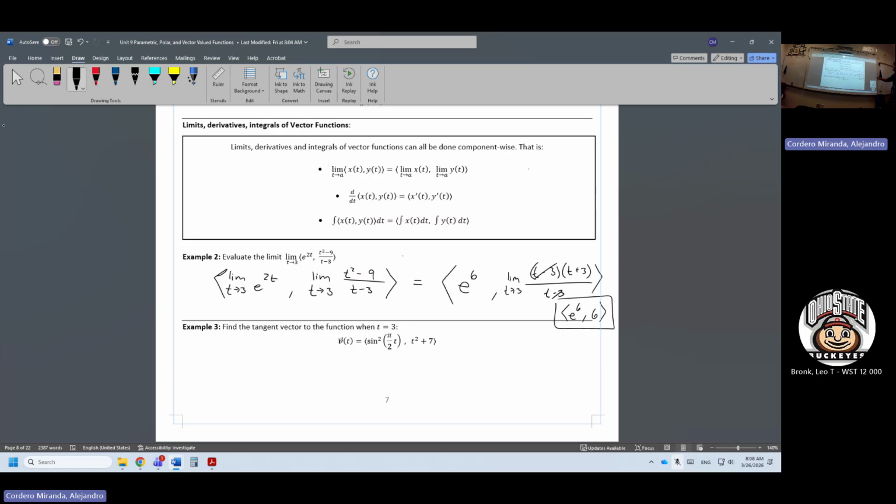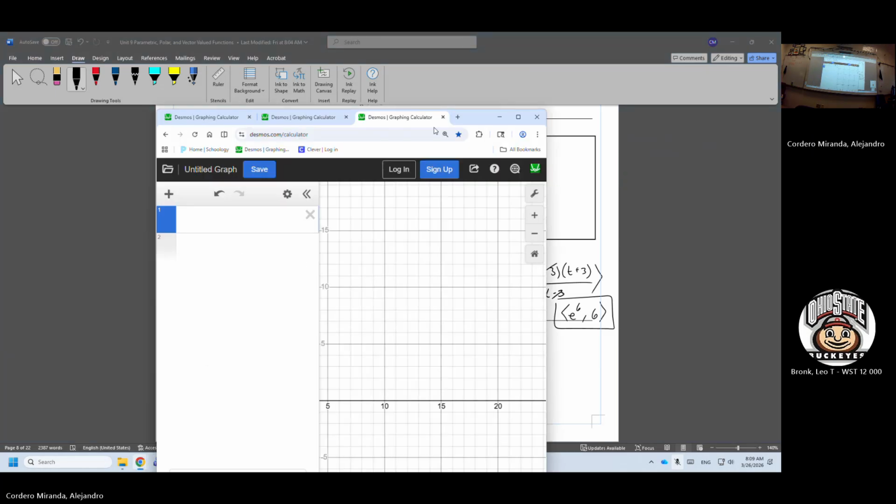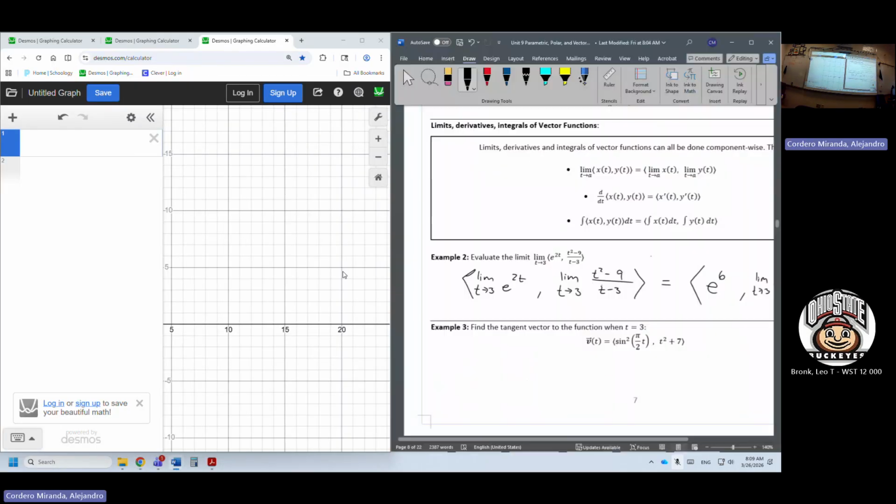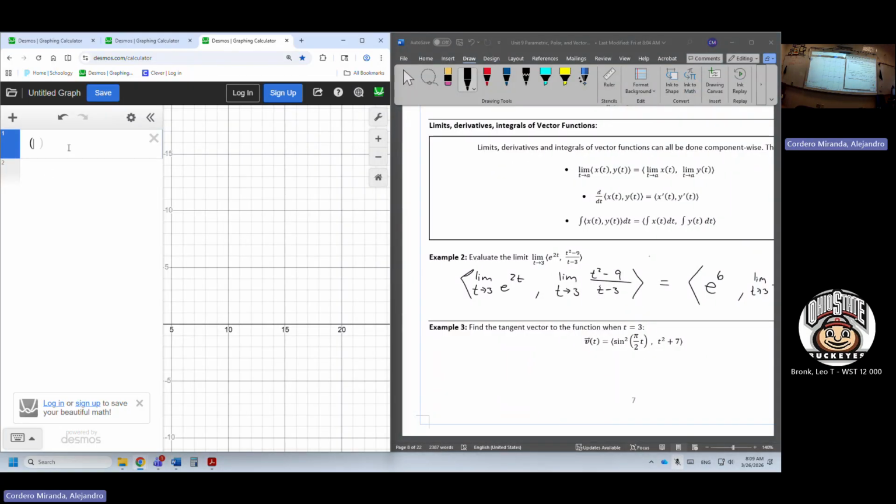So watch this tangent vector. Let me graph this on Desmos so you see kind of what this function looks like. And then I'll explain what the tangent vector means. Put this over here, put this over here. Graph it.